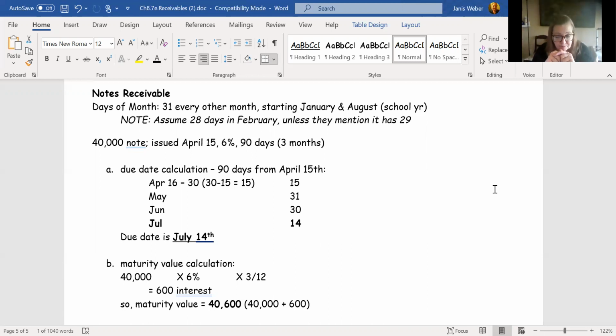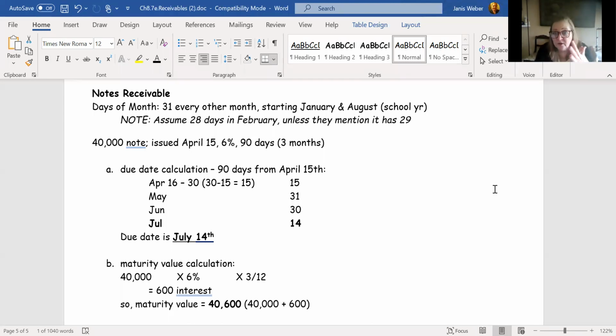And let me show you why. In April, if you issued the note on the 15th, on the 16th would be when it was 1 day. It had been 1 day, right? So April has 30 days in it because here we went. January has 31, then February doesn't. March has 31, April doesn't.